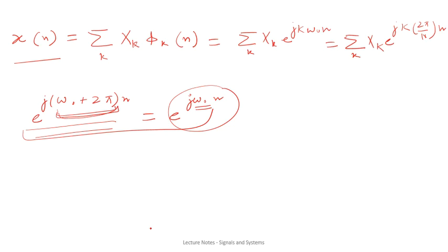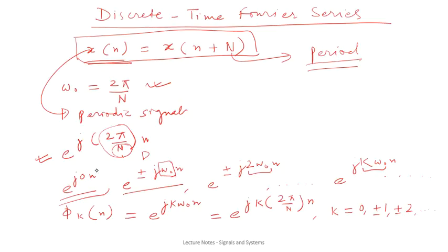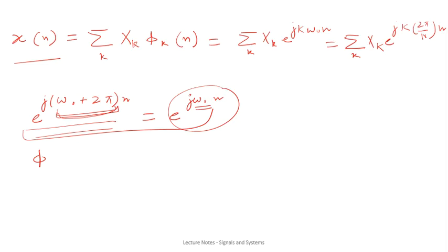Now just by utilizing this important property, you can see that in the set of exponential signals which we wrote down in the previous slide, this phi k n, for phi 0 n, let us suppose that it is e raised to the power j 0 times 2 pi by n, and this phi 0 n will be equal to phi n.